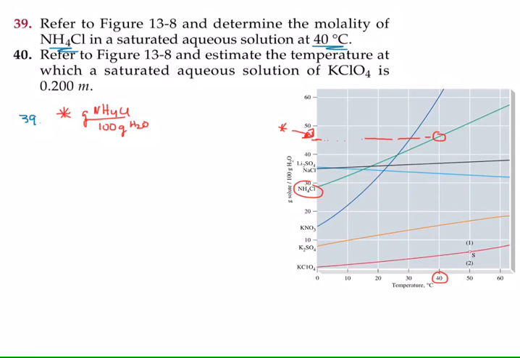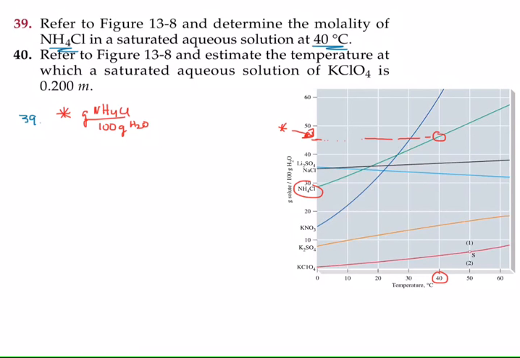For the first one, and even the second one, you're supposed to refer to the figure that we looked at before. The first one is looking at ammonium chloride. You're supposed to come up with the molality in a saturated aqueous solution at 40 degrees. So you find 40 degrees on there. I wrote 45 degrees, but you find 40 degrees, see where your ammonium chloride intersects.